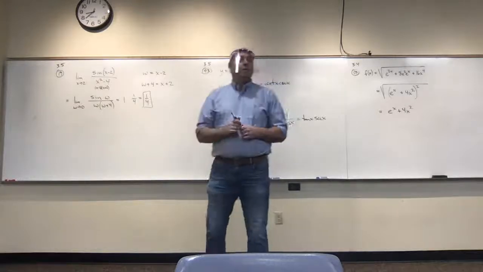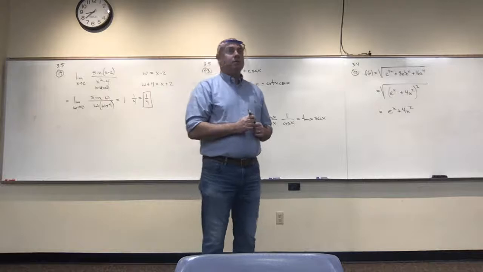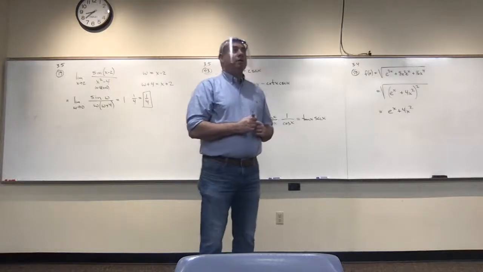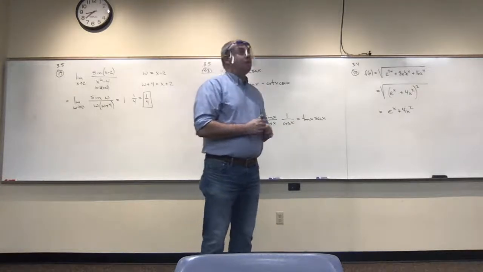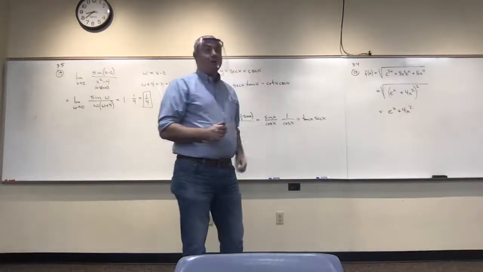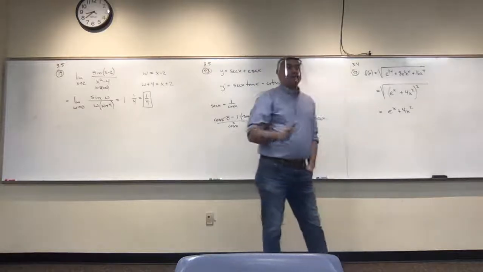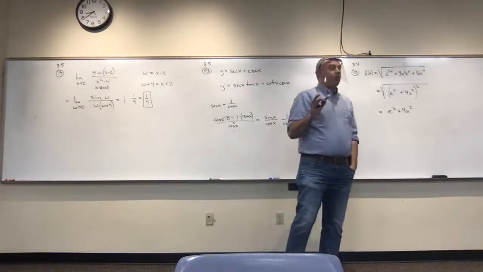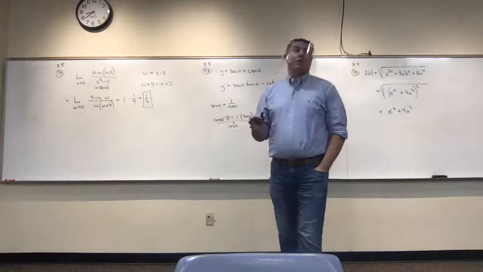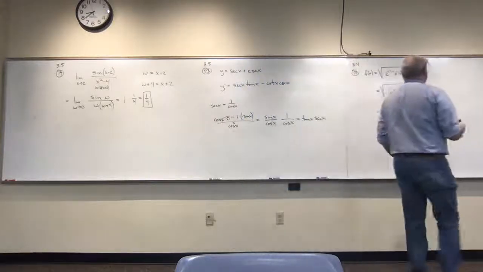Okay, so this might be like e to the x, so would 3 to the x also just be 3 to the x? Good question. The answer is no. And we are going to do that. We haven't done it yet, so we'll do a whole section on exponentials and logarithms. But basically, I can tell you the answer.